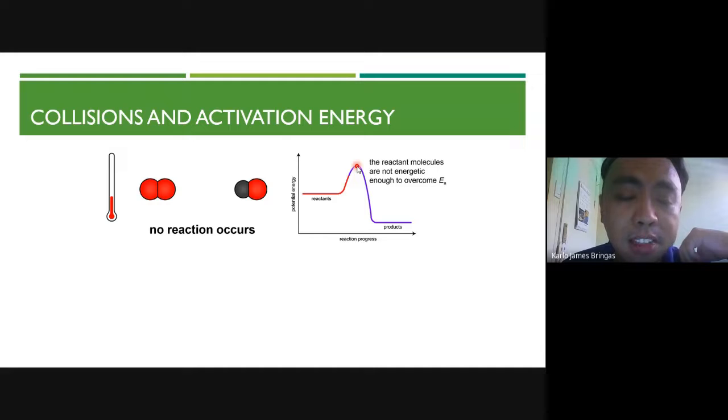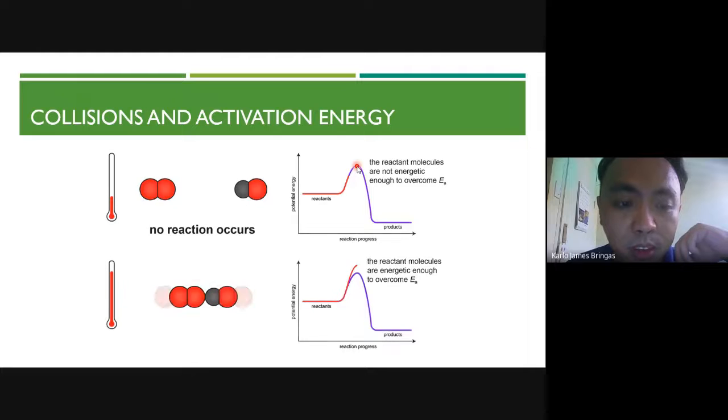In contrast, if we increase the temperature, we observe na this time our gas molecules are able to move much faster. In this case, our gas molecules have moved faster, and as a result, they now possess enough kinetic energy na they're able to overcome the E sub A or the activation energy.